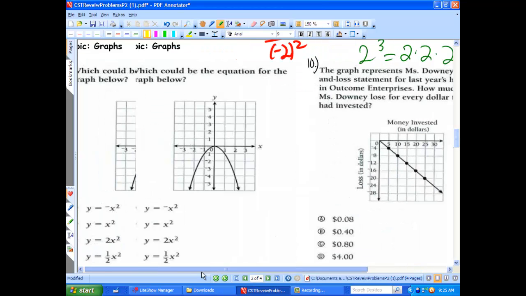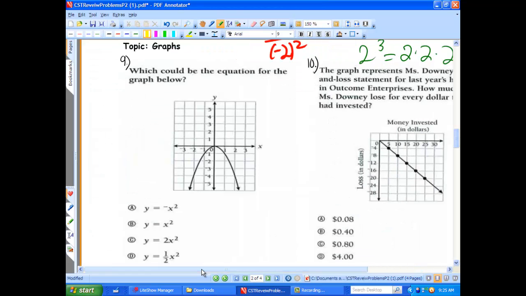Let's move on down to the graphs. Now we have a U-shaped curve. That tells us we have an x to the second, or x squared, type graph. These are also called quadratics.